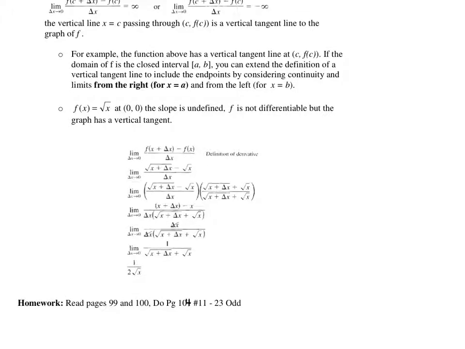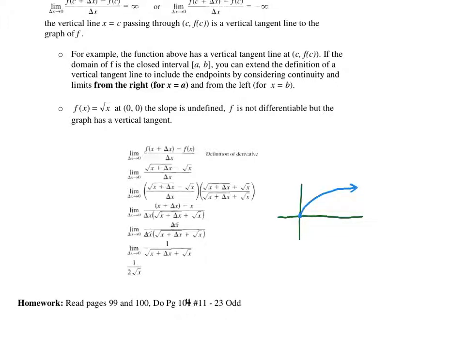Okay, here's what we just found. And you can see here, again, that if we plugged in 0, that derivative would be undefined. But if we were to look at the graph, we have that endpoint and it goes like this.